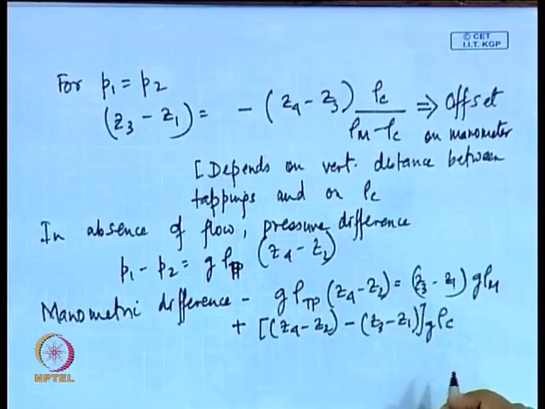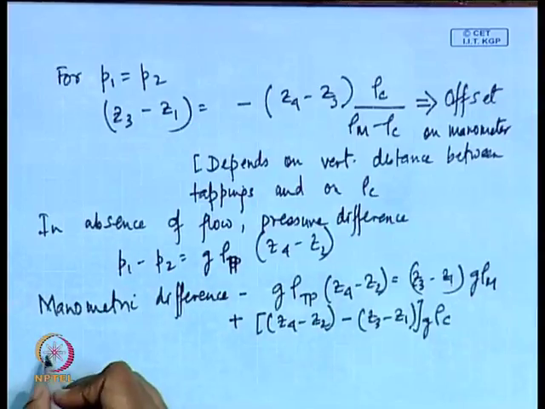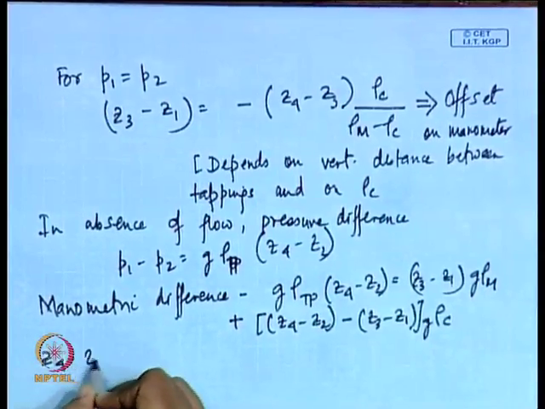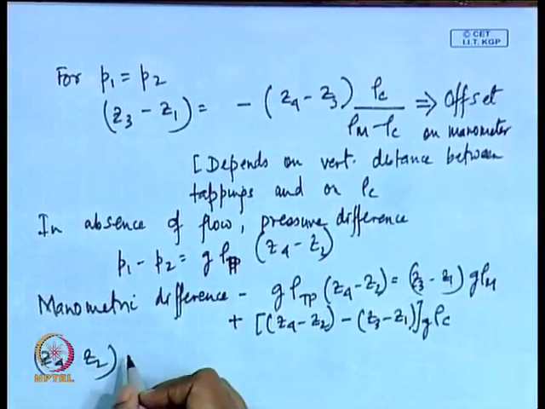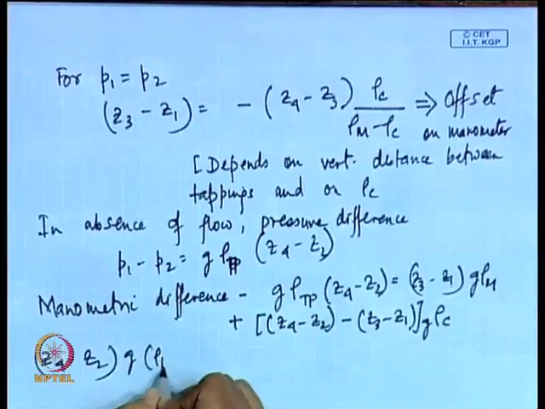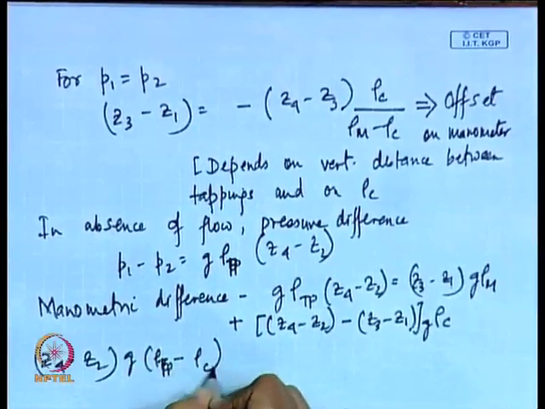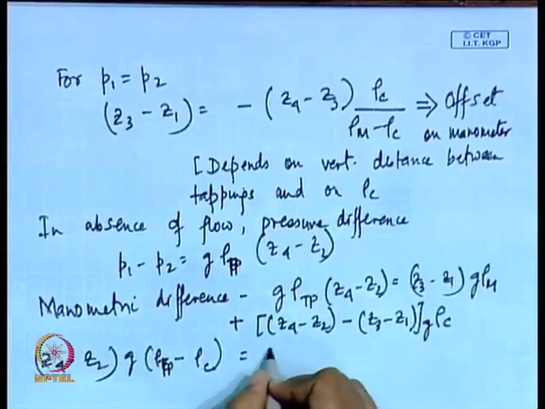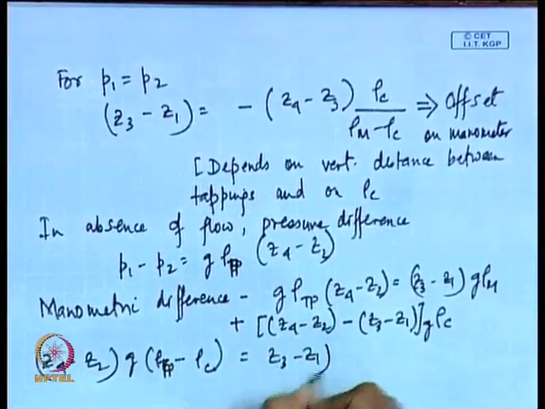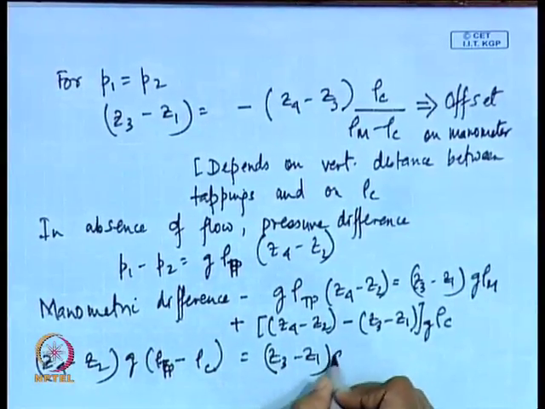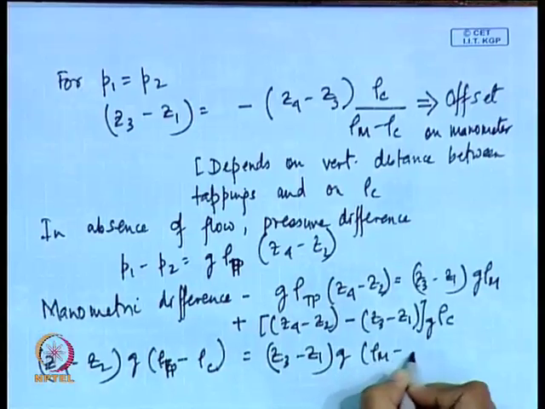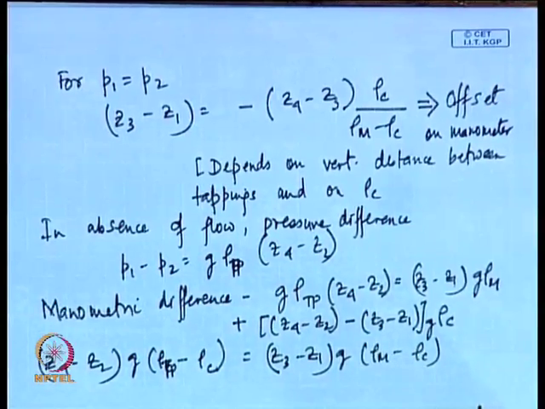Or in other words, from here what do we get? We get the distance between the tapping lines into rho Tp minus rho C, this is equal to Z3 minus Z1 g rho m minus rho c.